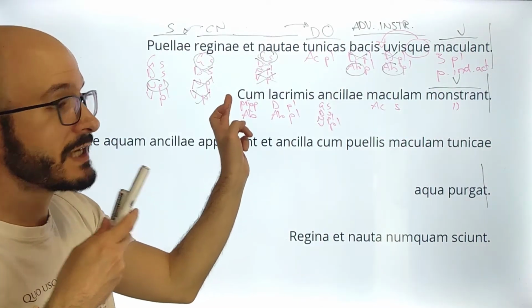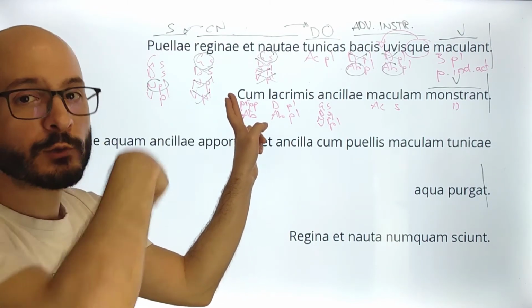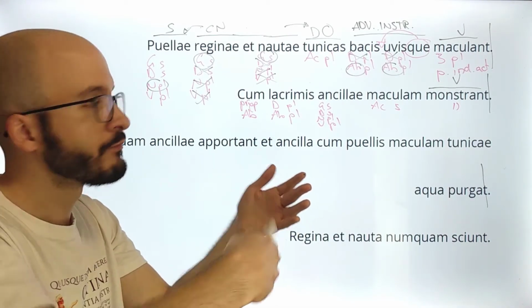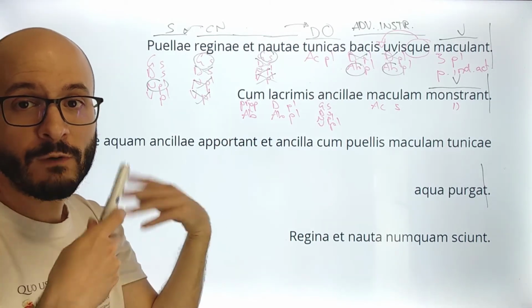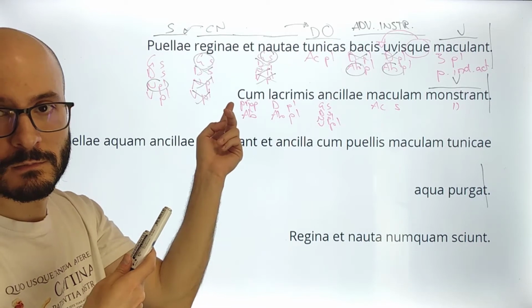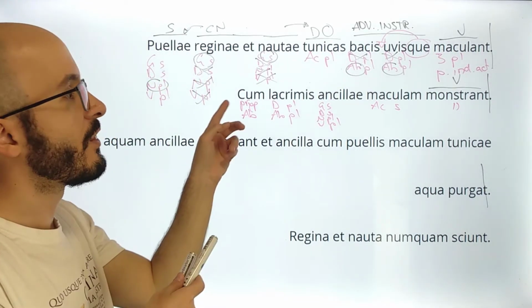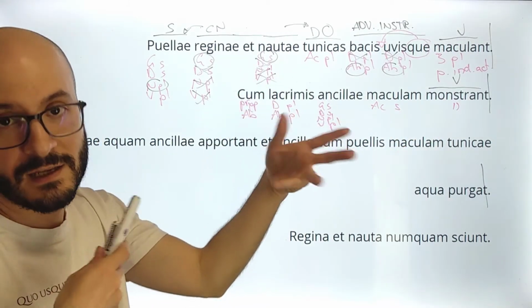So if the subject is the same, in Latin we usually don't repeat. Okay? In English we have to repeat the subject all the time. In Latin, no. In Latin, if the subject is obvious, because it was already said, we don't say it again. Okay, so the subject is still the girls. So we would say, they show. We have to say this they in English, no?